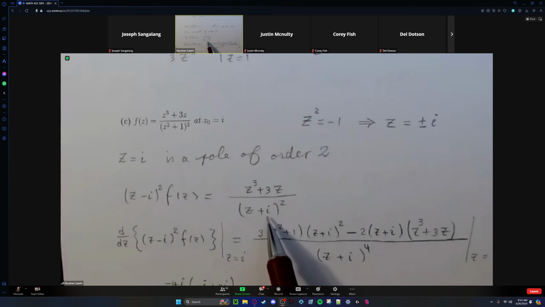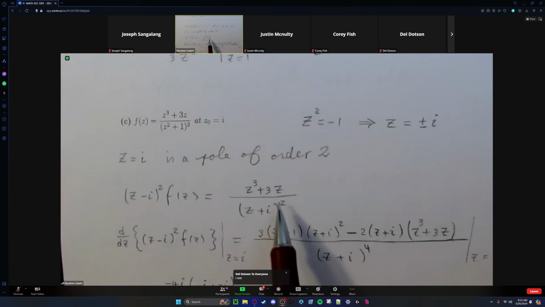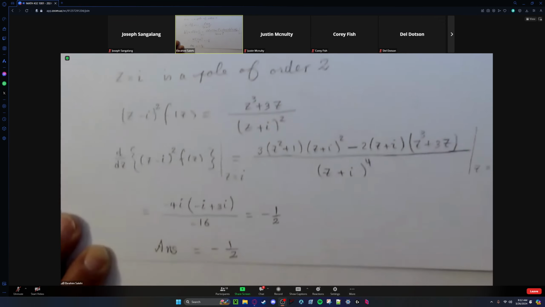All right, to compute the residue, because it is a pole of order 2, you multiply by this and you differentiate this guy, which is this one. Derivative of this one. After finding derivative, you evaluate at that singularity, which is I, and this is what we get.